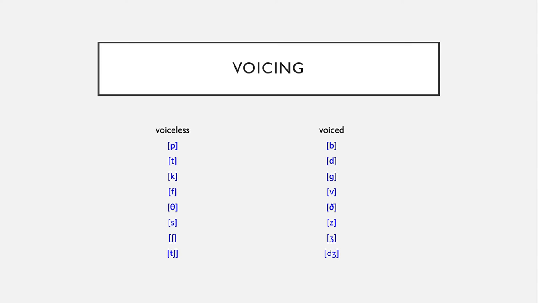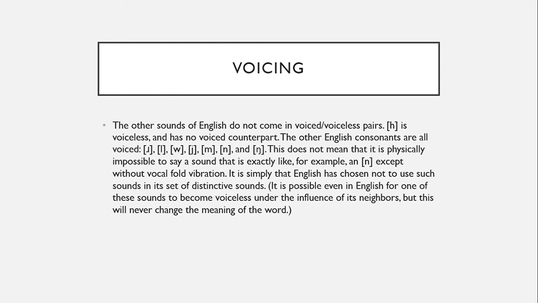But when I produce b, d, g, v, dh, z, zh, and j sounds, there will be vibration in my vocal folds. And there are some sounds, for example h, which is voiceless. When you produce h, you will face no obstruction of air in your mouth.